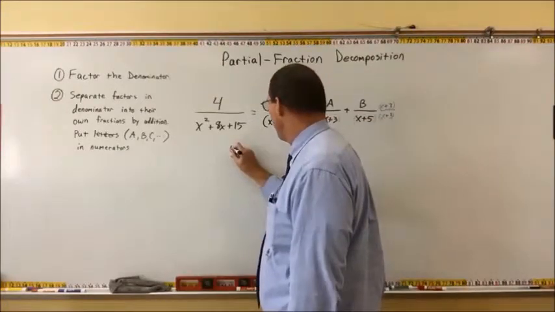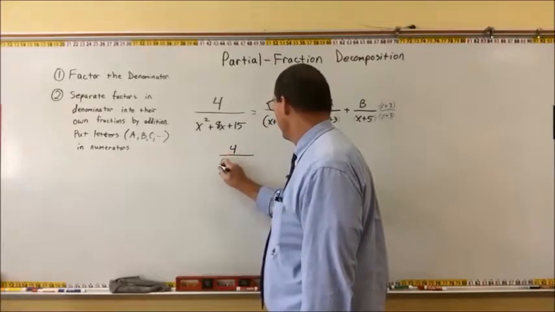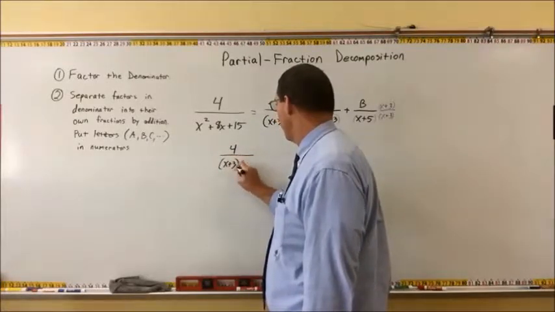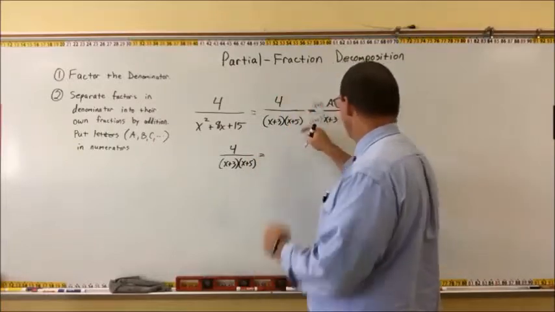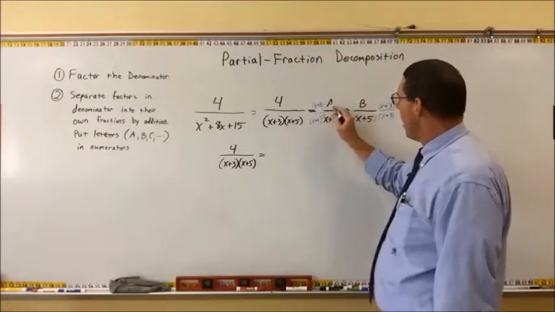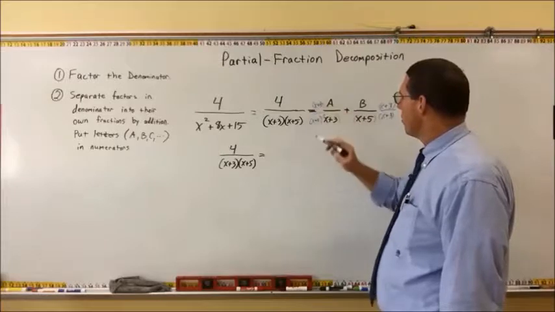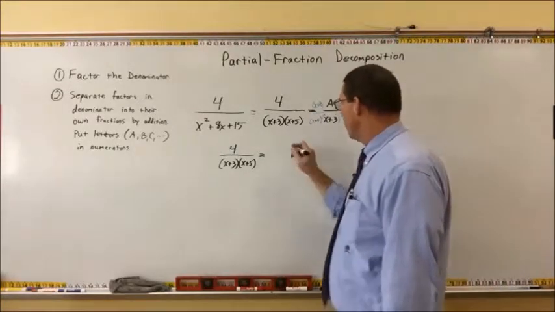So now we have 4 over x plus 3 times x plus 5 is equal to A times x plus 5. Well, let's go ahead and distribute that.